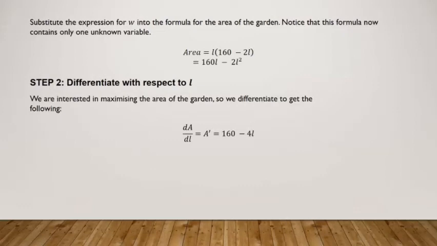Step 2. We need to differentiate with respect to L. We are interested in maximizing the area of the garden, so we differentiate to get the following: dA over dL equals A prime equals 160 minus 4L.